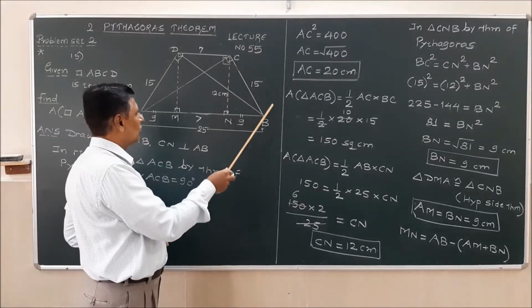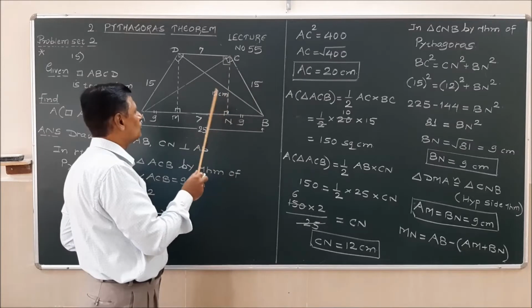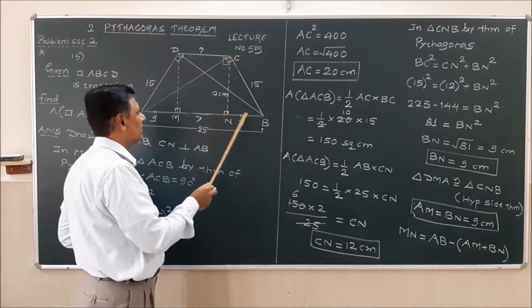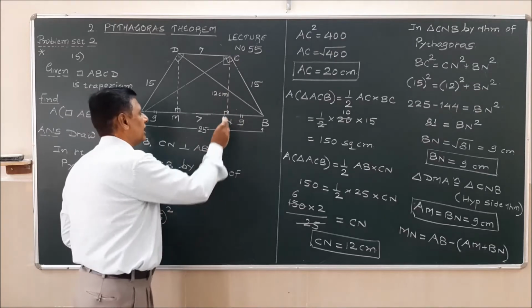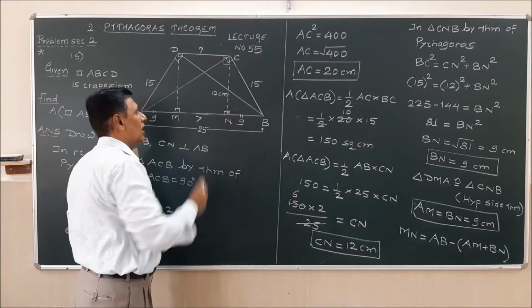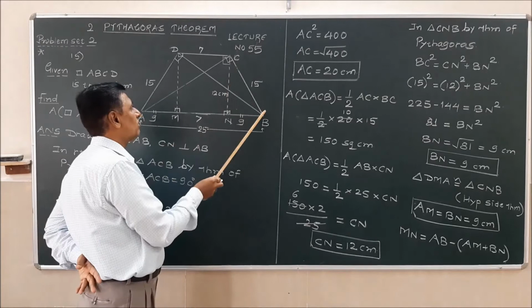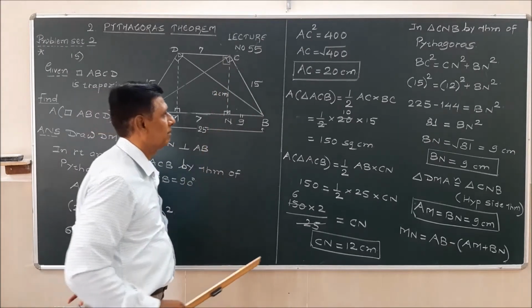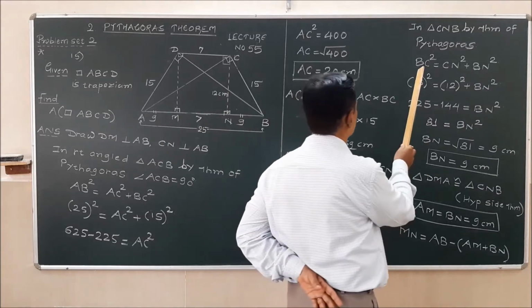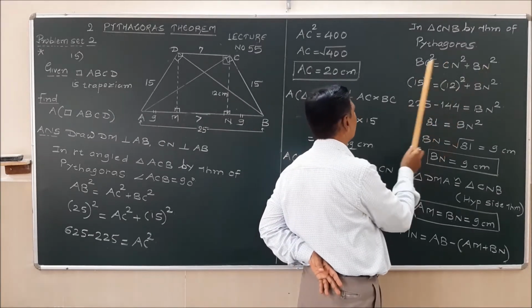So now I know CB, I know CN. By the theorem of Pythagoras, CB is the hypotenuse, opposite to 90 degrees. So BC square is equal to CN square plus BN square.